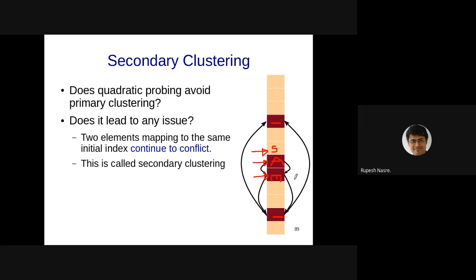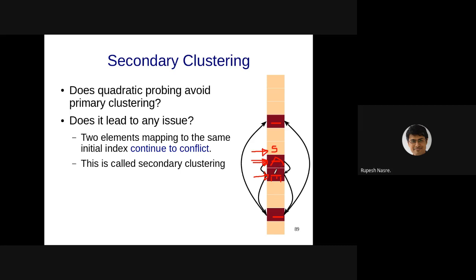Suppose now that some other student needs to get inserted, right? I'll probably use a different name. Let's say Rupesh is getting inserted here, so let's say Rupesh and Anirudh conflict.